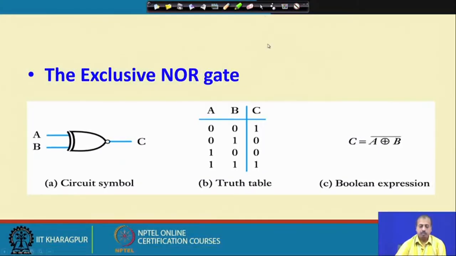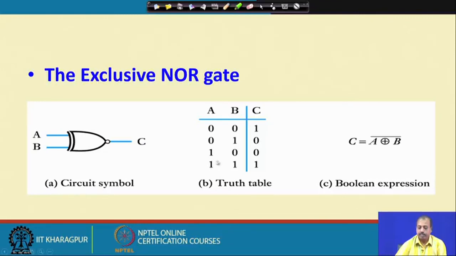Next we will look into the inverted version of XOR, which is known as the XNOR gate, exclusive NOR gate. This is NOR, but exclusive. In the NOR gate, whenever any of the inputs was equal to 1, the output was equal to 0.